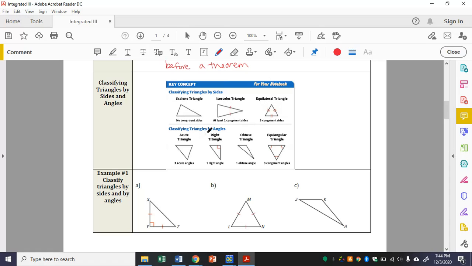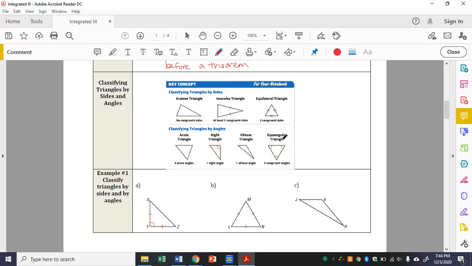We can also classify them by their angle measurements. In an acute triangle, all 3 of the angles are acute. They may not be the same measurement, but they're all less than 90 degrees. A right triangle has a right angle in it, and the other 2 angles are acute. An obtuse triangle has 1 obtuse angle, bigger than 90 degrees, and then it has 2 acute angles.